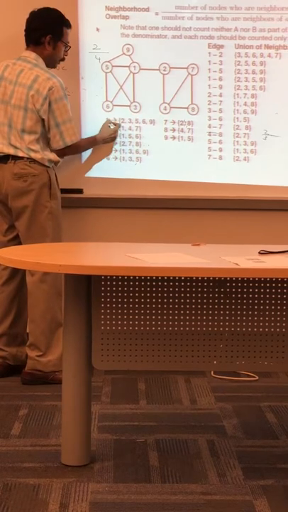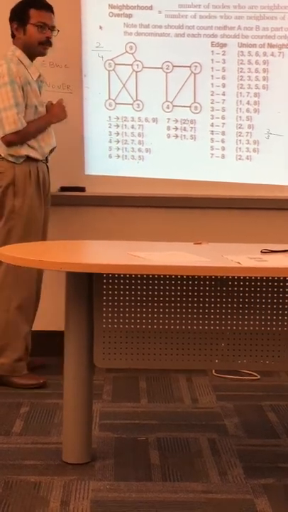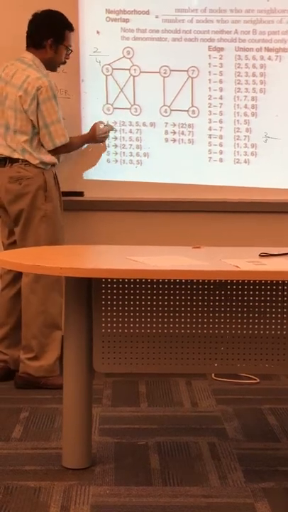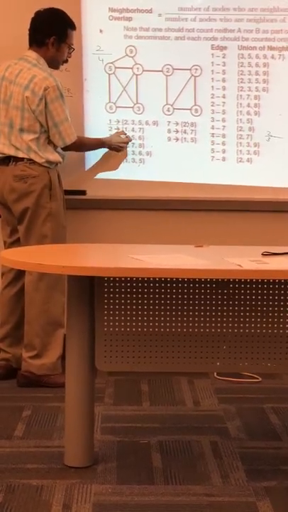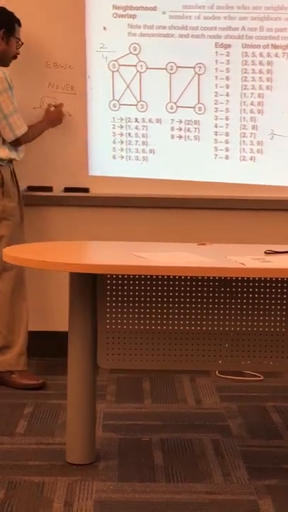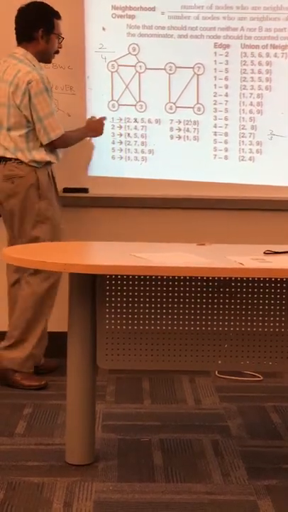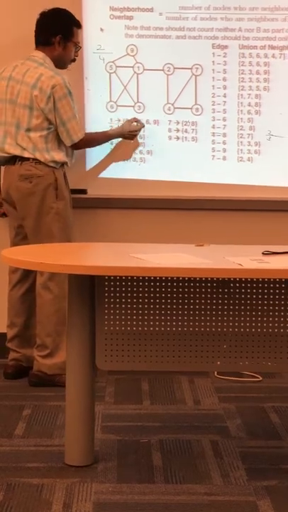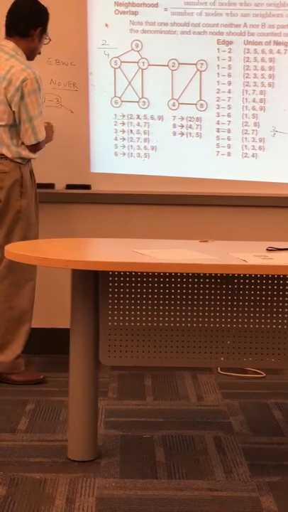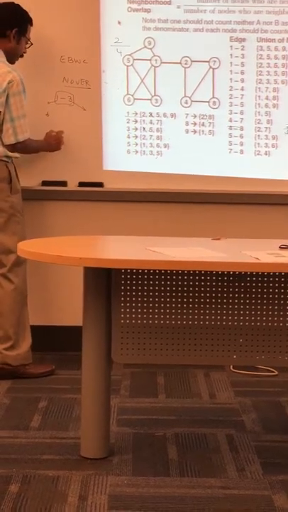First let's find the union. The union means exclude 1 and 3, because you should not consider 1 and 3 when looking at H13. So the remaining vertices form the union: 2, 5, 6, 9, with 5 and 6 already counted.